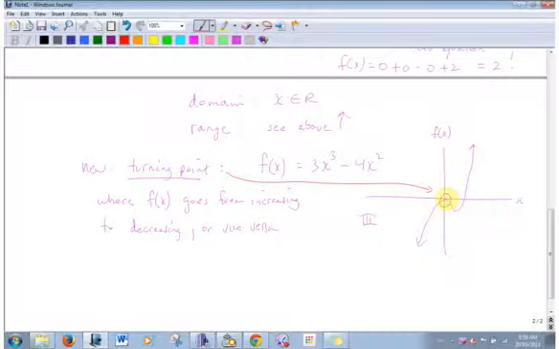Okay? Then it gets smaller, smaller, more negative, more negative, more negative, and what happens right here? Flattens out and gets bigger again. Well, there's another turning point. Okay? So a cubic can have 2 turning points. This one has 2.